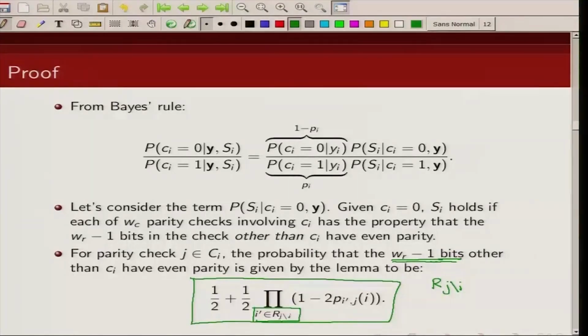So, the other bits other than Ci which are participating in the parity check constraint, product of this, they should add up to have even parity. So, this is a set where Ci is participating in a parity check constraint. So, other than Ci, other bits have even parity. That is captured by this particular set.